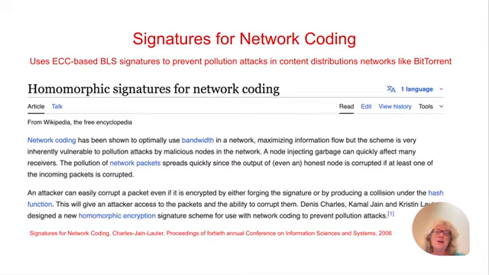So you've heard a lot about pairing-based cryptography from Dan Boneh's talk, and I'd like to talk about a couple of different applications of pairing-based cryptography that probably were not covered in his talk.